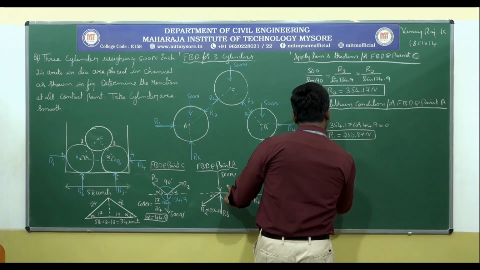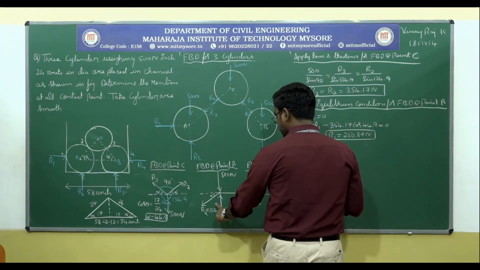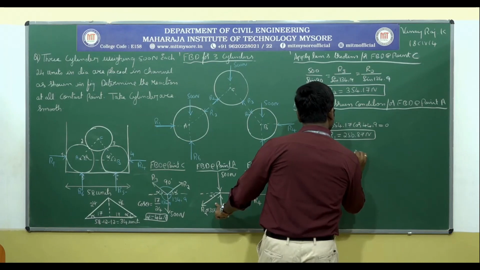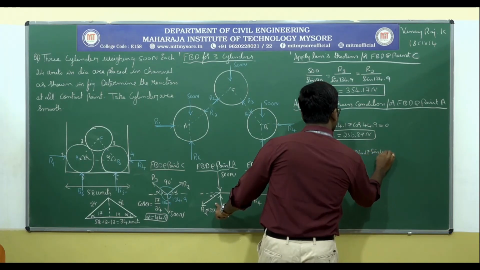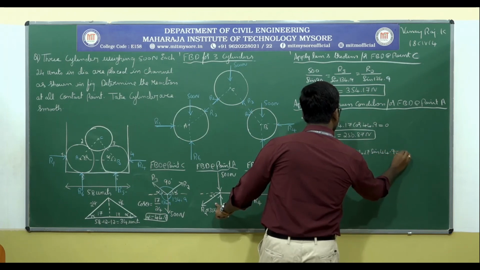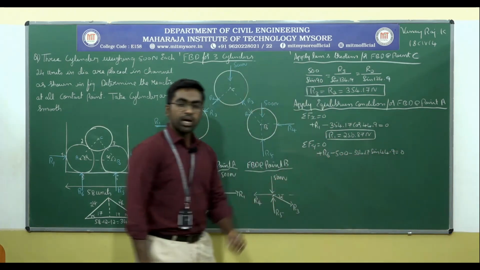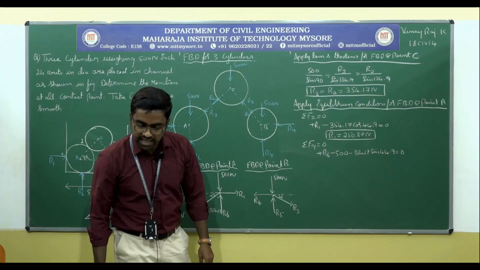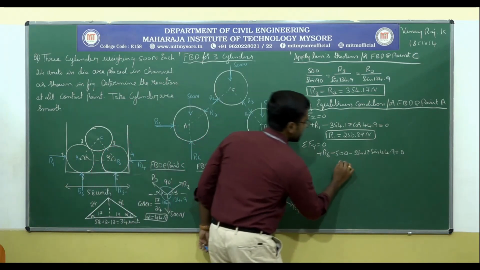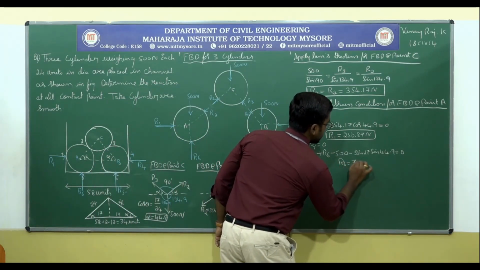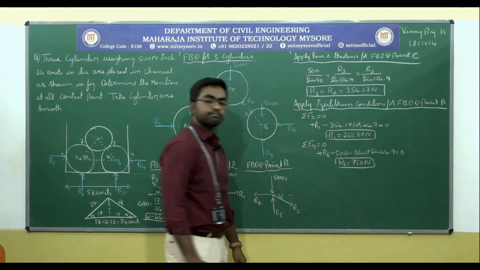This is minus 500. So this will be equal to minus 354.17 into sine of 44.9 is equal to 0. There is only one unknown in this, and that R6 value will be equal to 750 Newton.